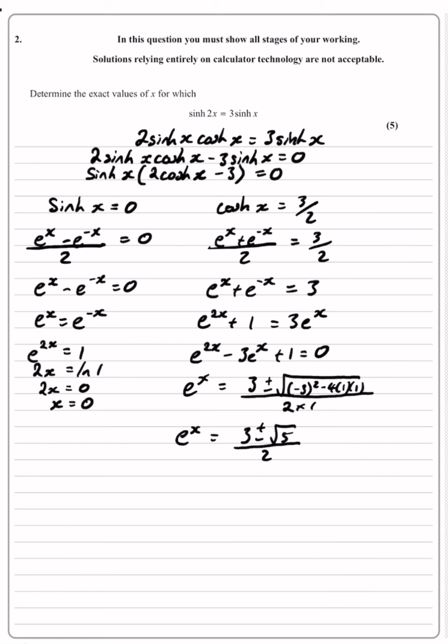Taking natural logs of both sides, we get our two other solutions. x equals ln of (3 plus or minus root 5) over 2. That alongside the x equals 0 gives us the 3 solutions to this equation.